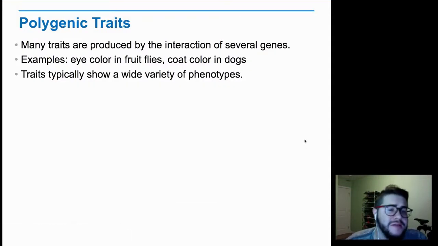One final example here for a little bit more of advanced genetic stuff is polygenic traits. So there are several times where traits are produced by the actions of several genes. Eye colors, coat color in dogs, skin color in your own body is controlled by more than one gene. And sometimes some of those genes can have multiple alleles. They can be codominant, incomplete dominant.